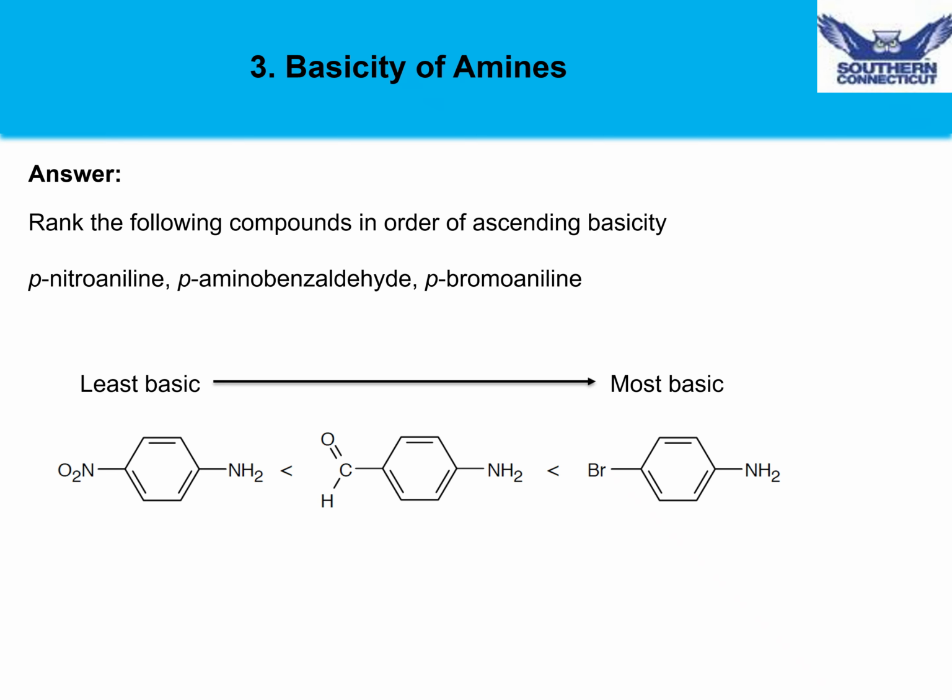We want to rank 3 different substituted aniline compounds in terms of their basicity. In questions like these, we often get a mix of electron donating groups and electron withdrawing groups, but in this particular question, all 3 examples involve an electron withdrawing group.